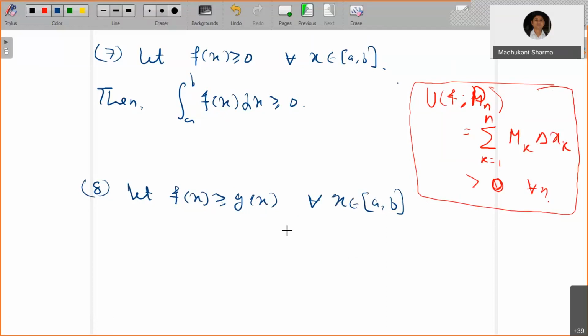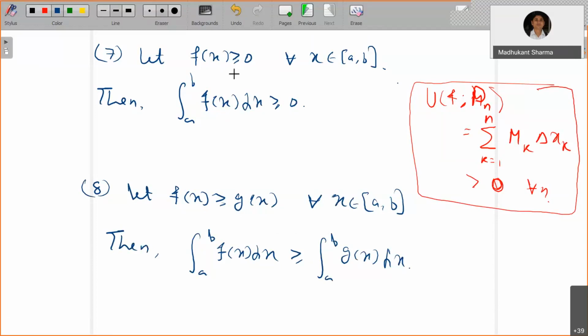So the integration a to b f of x dx is greater than or equal to the integration a to b g of x dx. This follows by defining h equals f of x minus g of x, which is greater than or equal to 0, and using the linearity of the integral. Then you will obtain this result.